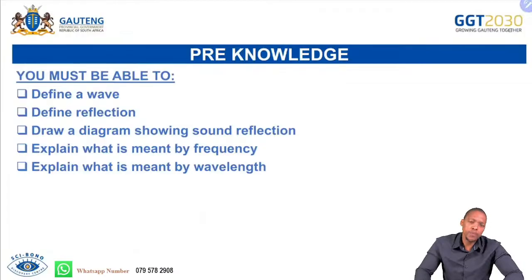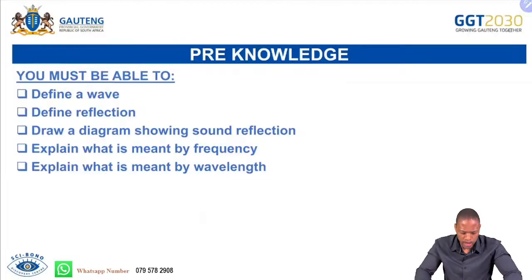The knowledge that we are expected to come to the lesson with, things that we have learned previously. You would remember that in grade 11 we looked at waves, so we should be able to define a wave. Also in grade 11 we looked at reflection in the form of sound, reflection of a sound wave.